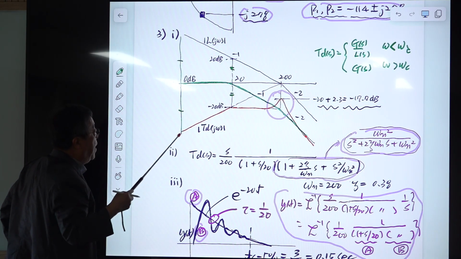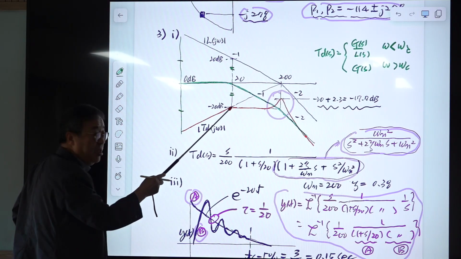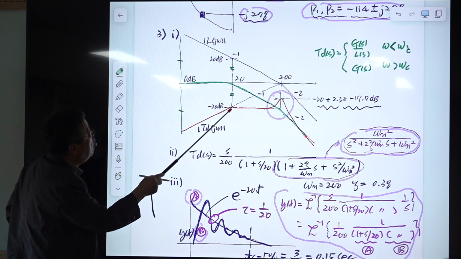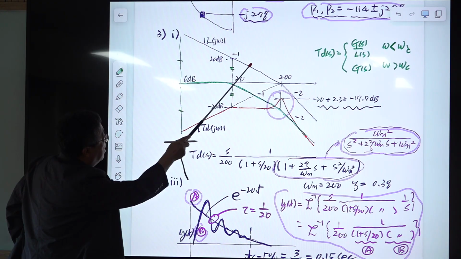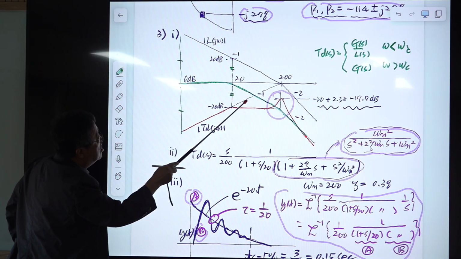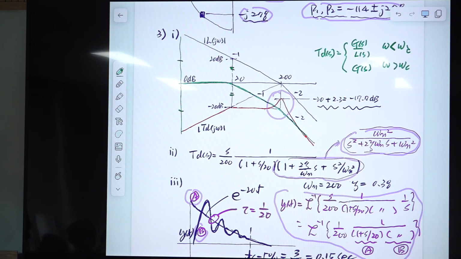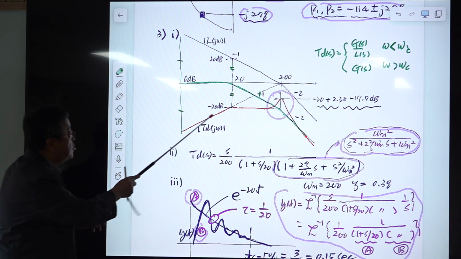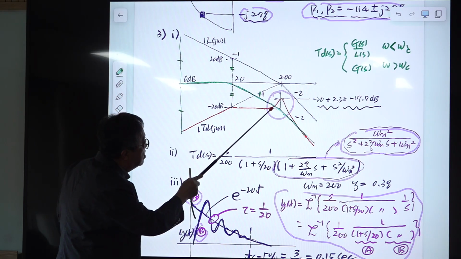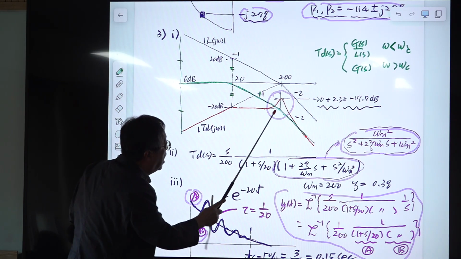So it passes minus 20 dB here, and the slope here is minus 1. The slope here is plus 1. I'm sorry, this should be plus 1. Okay, then they have this horizontal line, and at this frequency they meet.